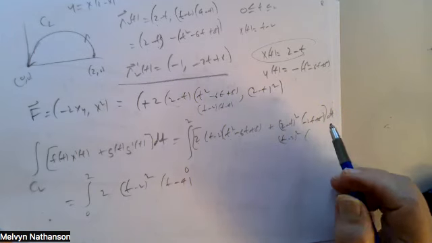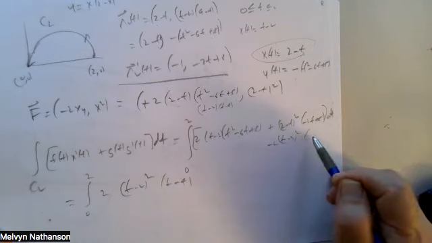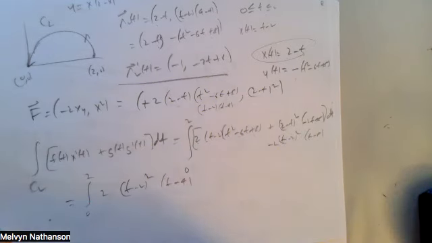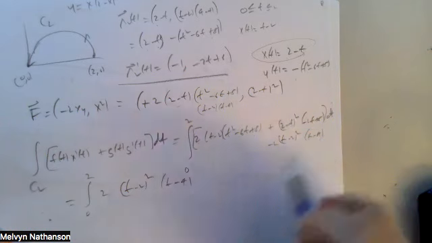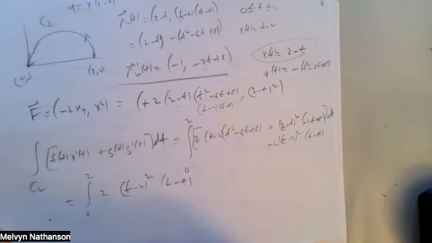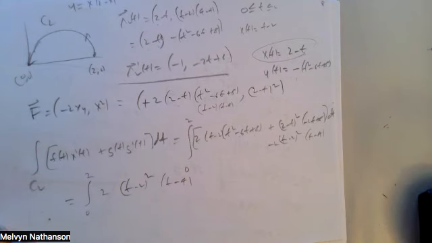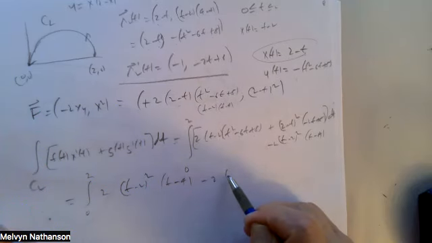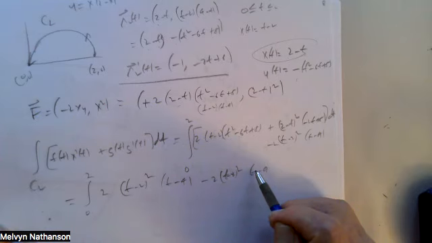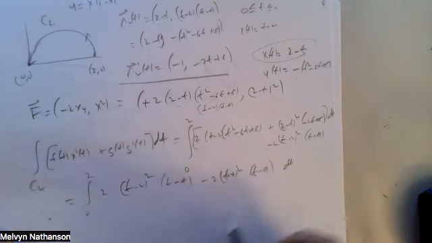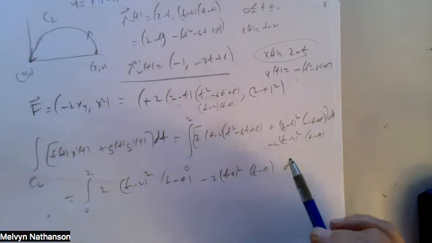And this is minus 2t minus 8 minus 2t minus 4. Something doesn't look right. I hope I have a minus sign somewhere, because this looks like minus 2, t minus 2 squared, t minus 4 dt.